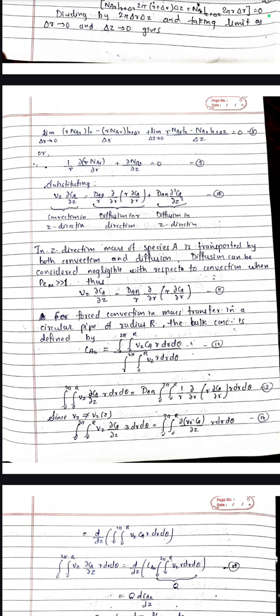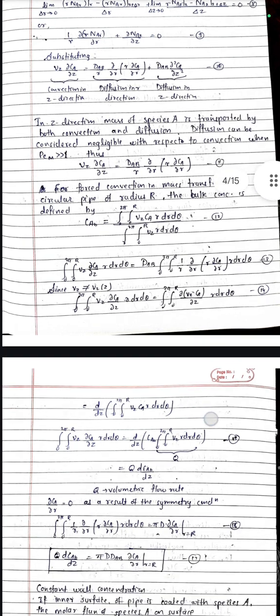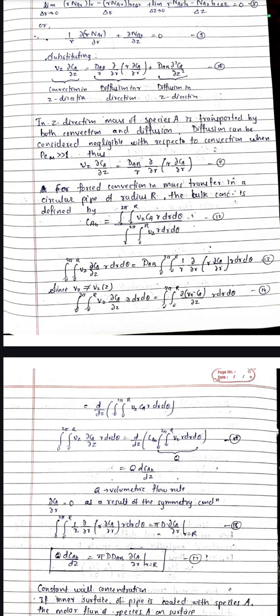On integrating this, we equate the value of CAB with this equation. On solving, we get the double integration of Vz del CA by del Z R dr d theta equal to d by dz of CA naught times the double integration of Vz R dr d theta.